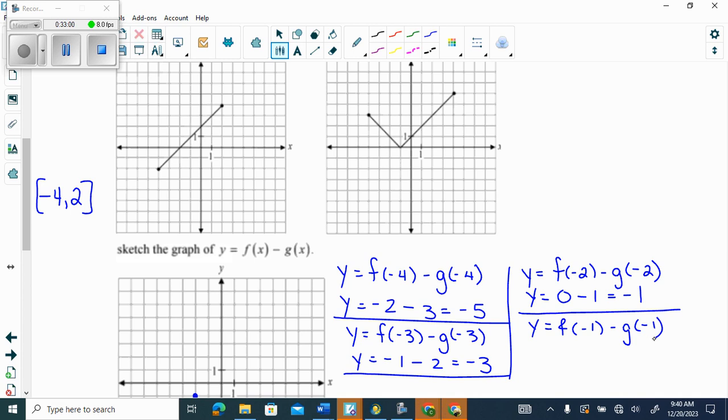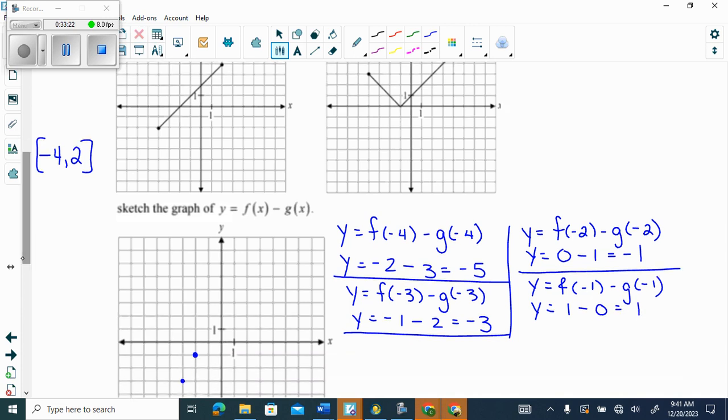Now, if this vertex wasn't at -1, guys, I would have to include the vertex, because the vertex is going to do some turning, right? You have to include those critical numbers when we're doing it. So if it had been at like -1.5, I would have to find -1.5 as well. Okay, so then we have f of -1, which is 1, minus g of -1, which is 0, which is 1. So I get -1 and 1.